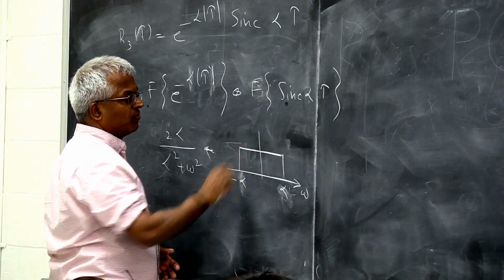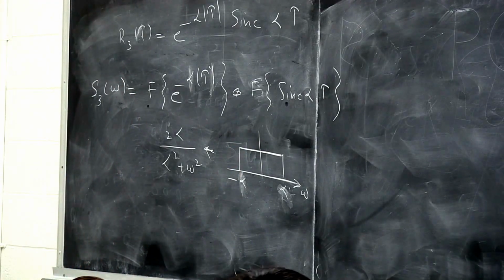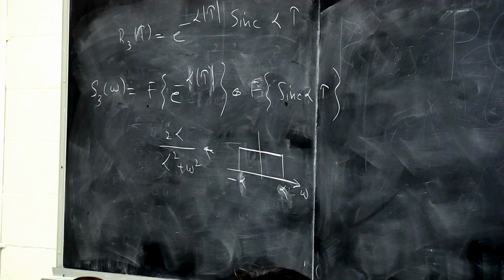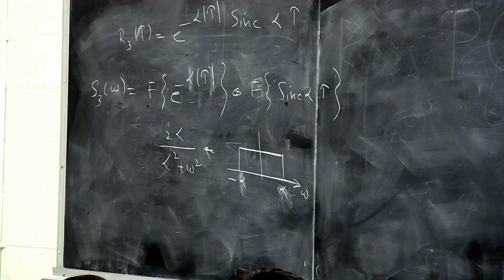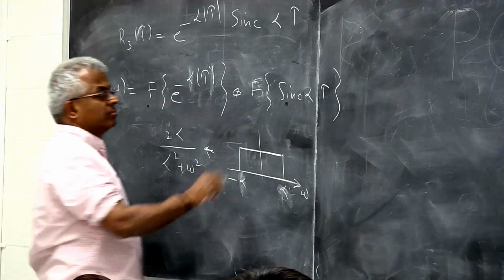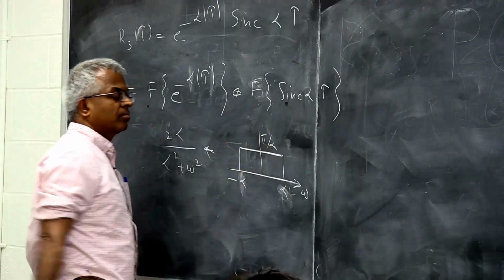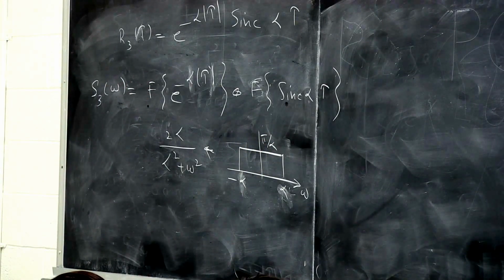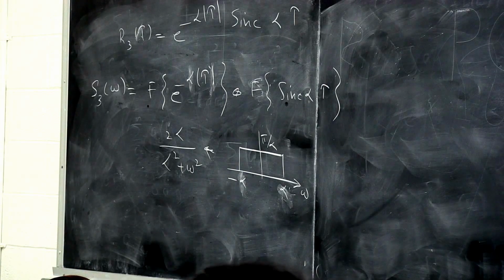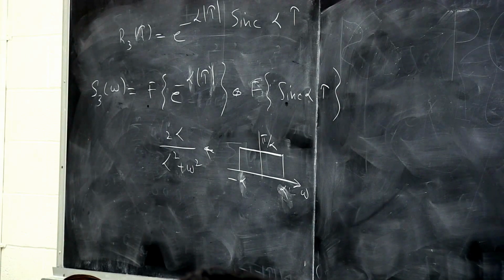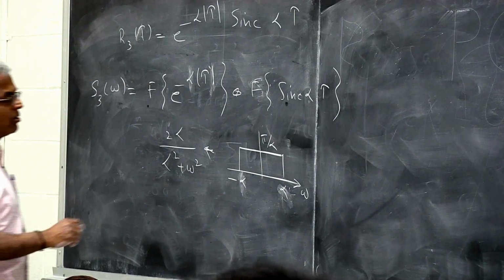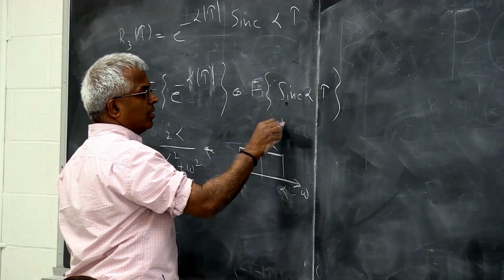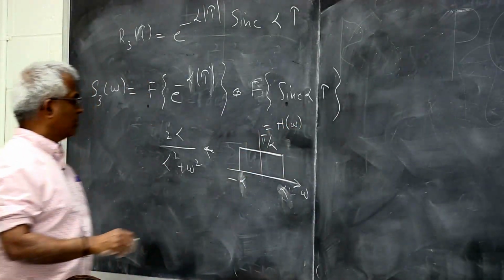I think it is alpha over pi. Let me see. Pi over alpha. Oh, yes. All right, so let me call this h of omega.